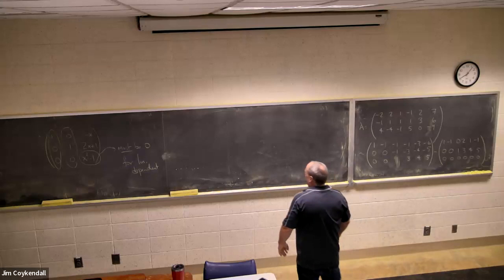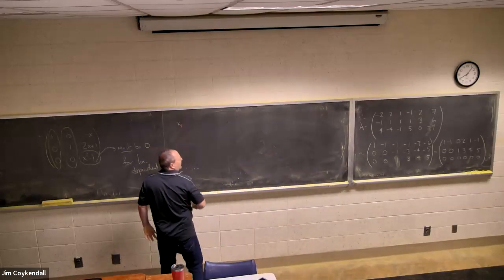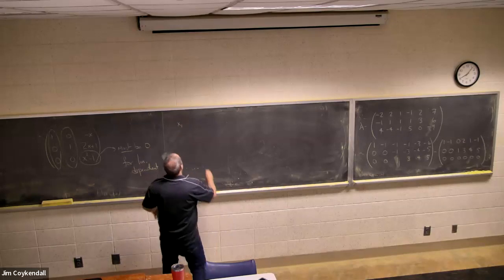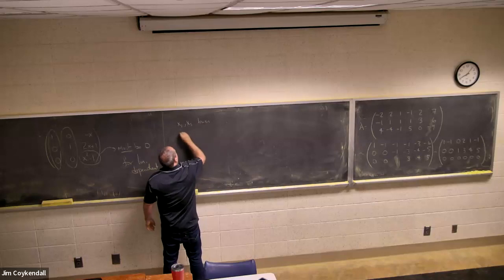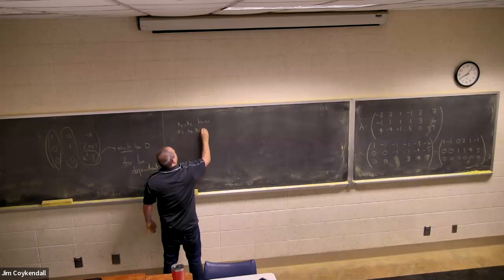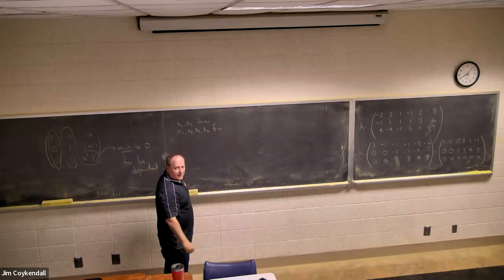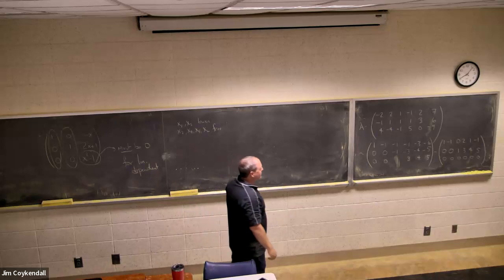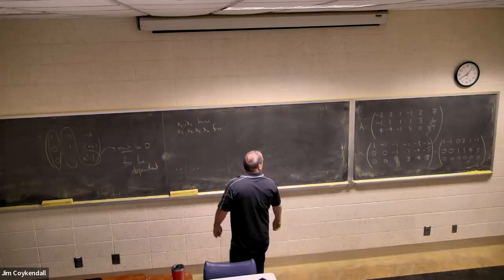So let's see what we've got here. x1 and x3 are basic. x2, x4, x5, x6 are free. So what do we get here?